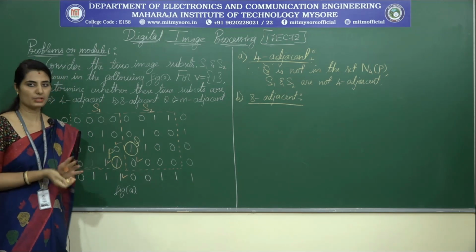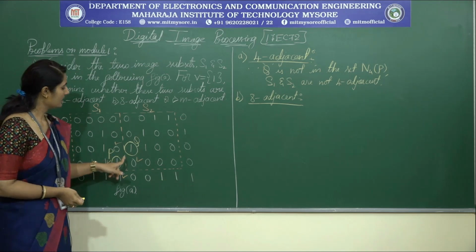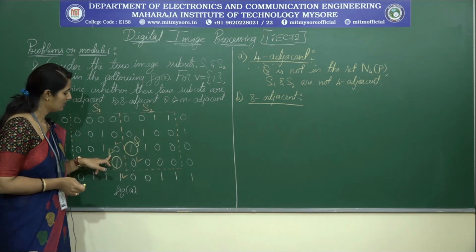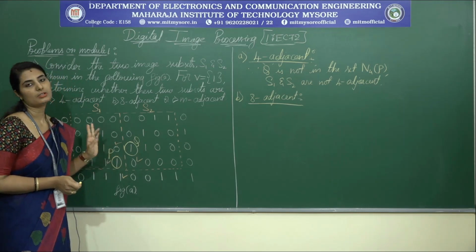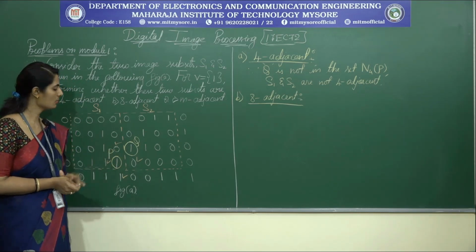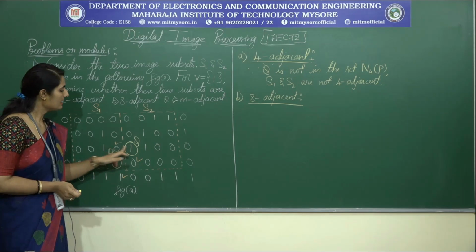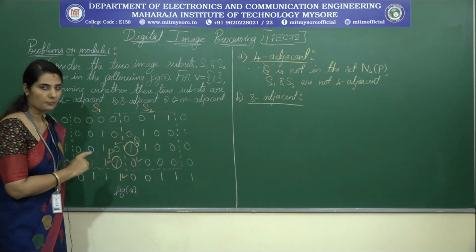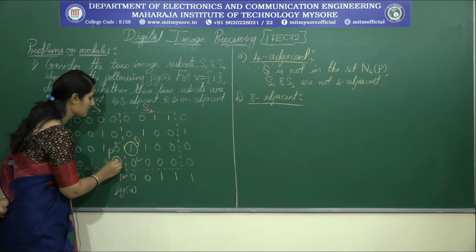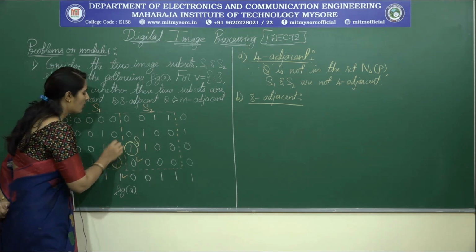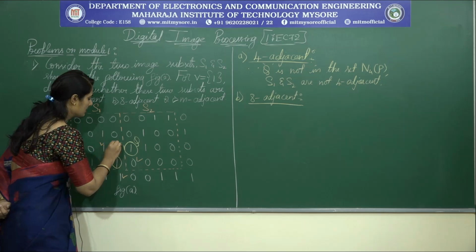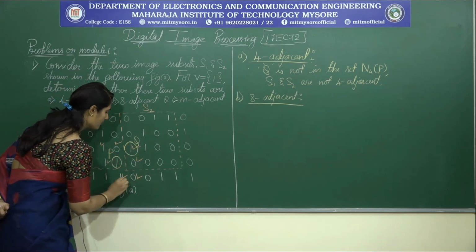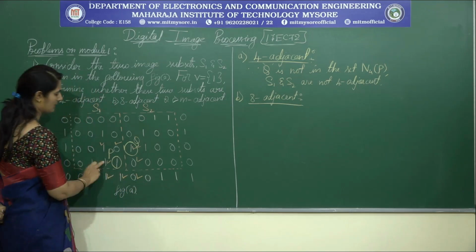The first condition is that Q should lie in N8 of P. N8 of P is the 8 neighbors of P. The 8 neighbors of this pixel P are this pixel, this pixel, this pixel, this one, this pixel, this pixel.